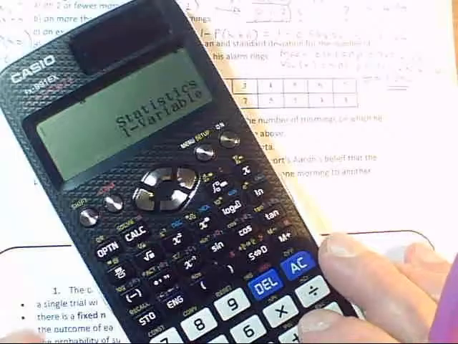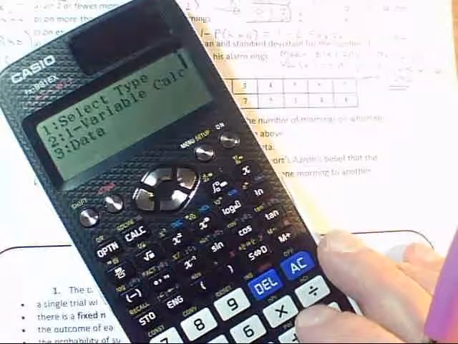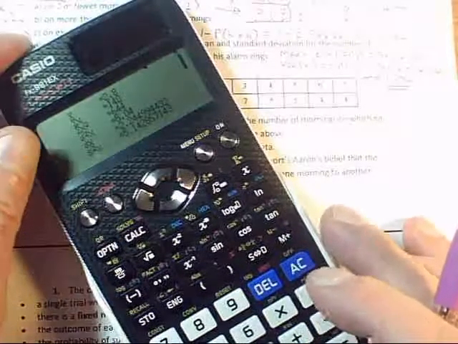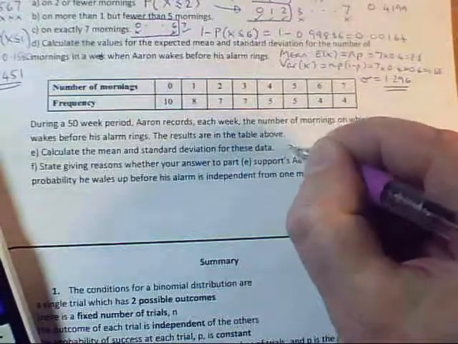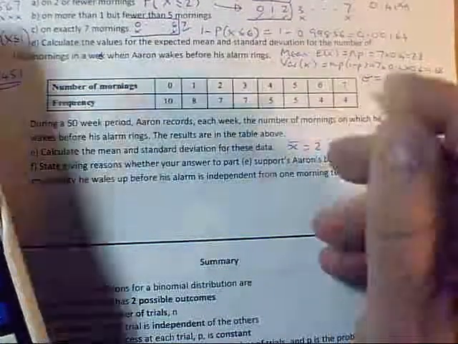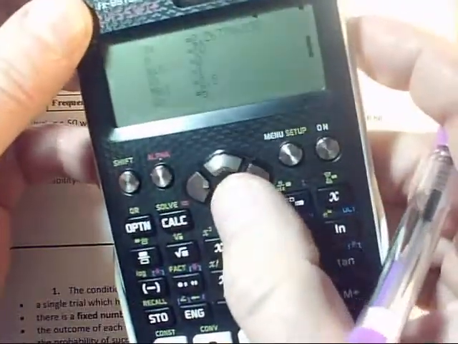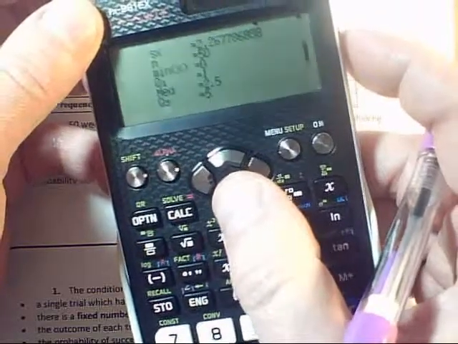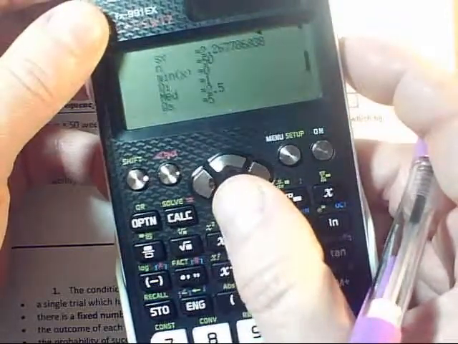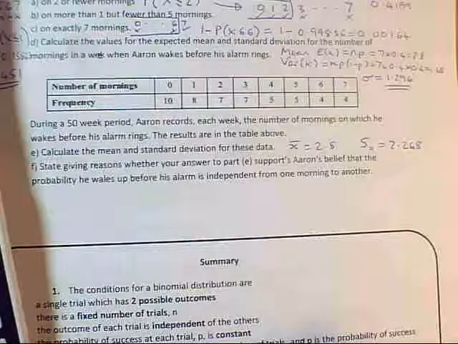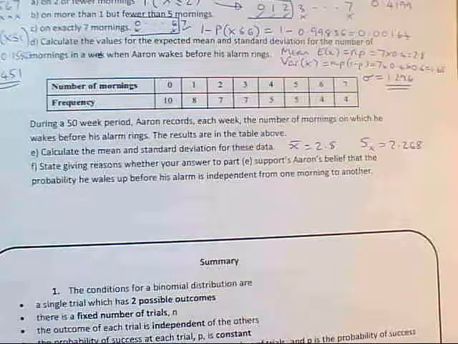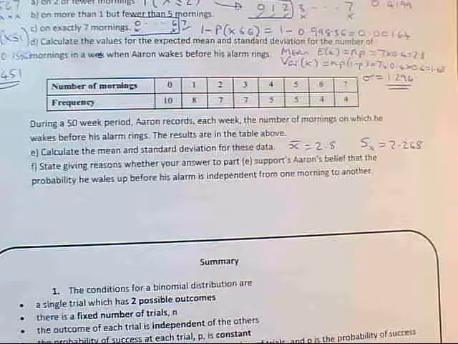So I go into option, 1-var calculations, and it's telling me an x bar value of 2.8, and on the next screen it's telling me n is 50, that's good. It's telling me an Sx value of 2.268. So I now have to look critically at those values.